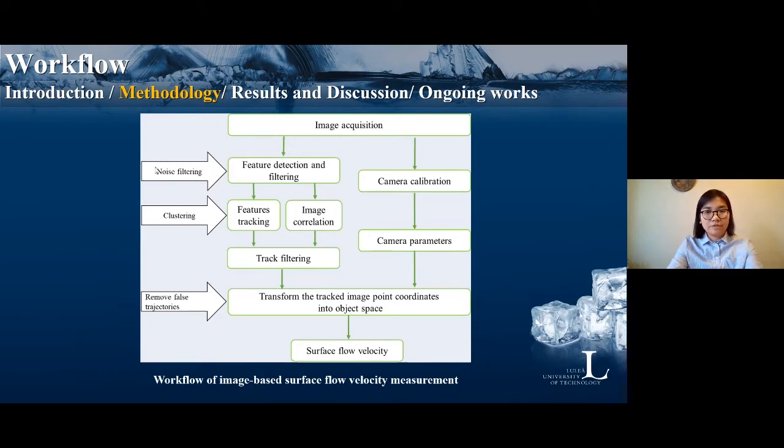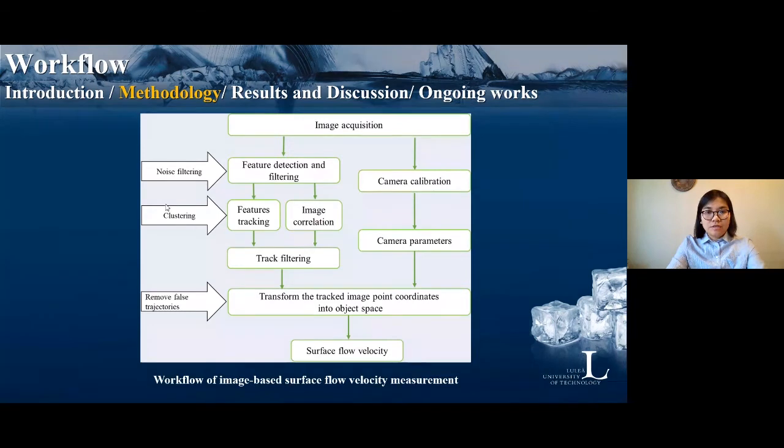The cameras capture the flow that carries particles or floating structures on its surface. Feature search areas are defined in the image. Then the features are detected and tracked in image sequences, along with filtering and clustering analysis.